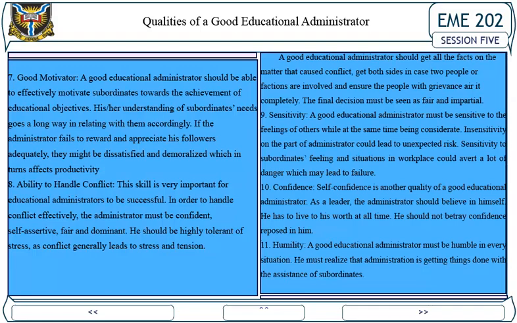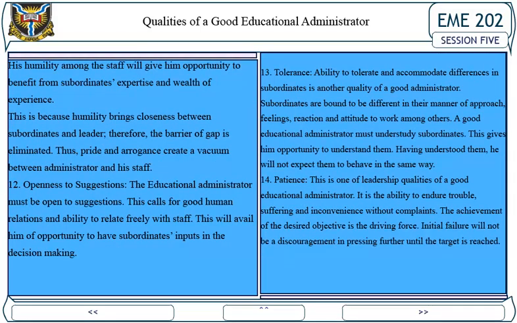A good educational administrator should get all the facts on the matter that caused conflict, get both sides in case two people or factions are involved, and ensure the people with grievance are heard completely. The final decision must be seen as fair and impartial.